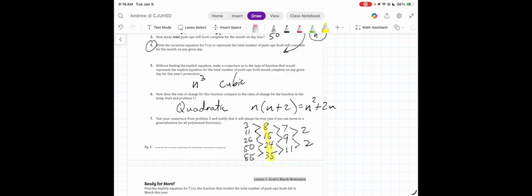Level 1 differences, level 2 differences, level 3 differences. When the third level difference is constant, you have a cubic. So third level difference is constant.